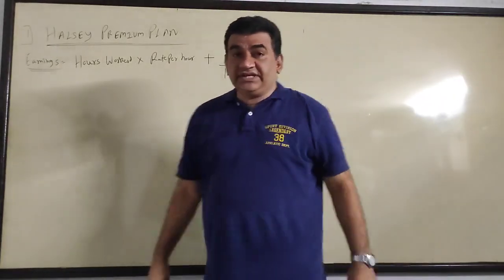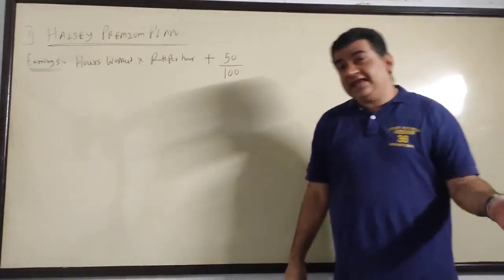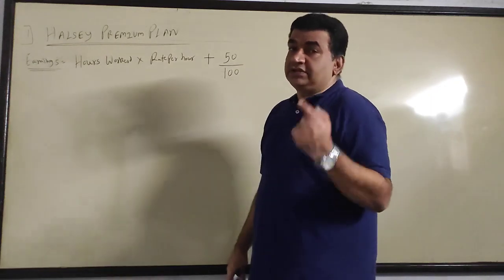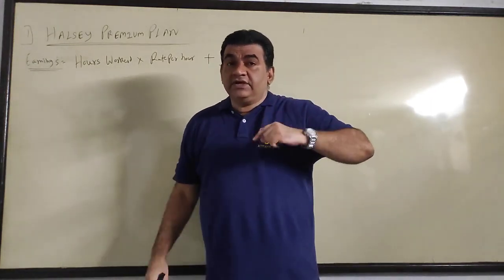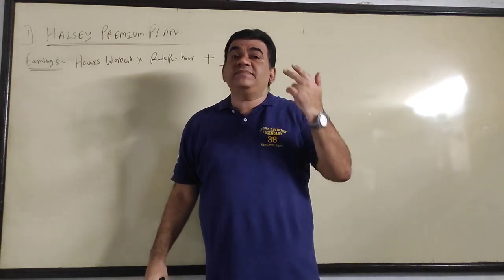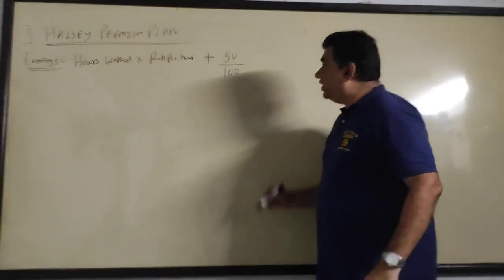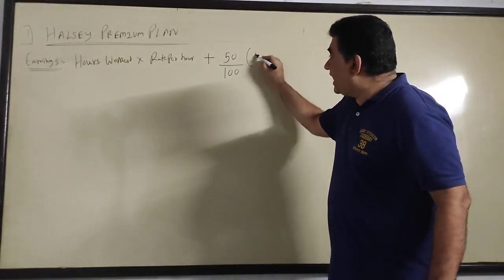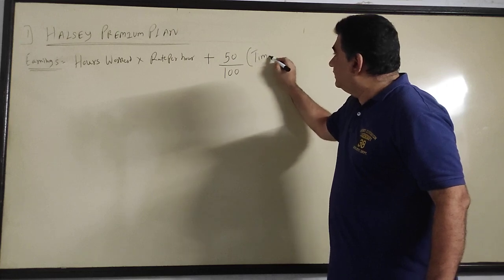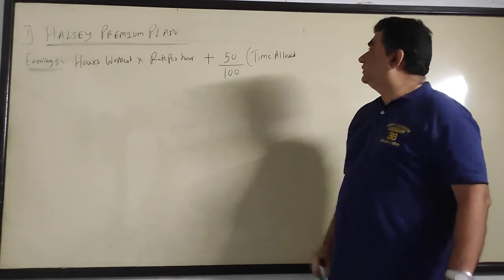Now, if you see in the question, they have given you time allowed and they have given you actual hours. So, what happens? Bonus will be given on the time which will be saved. And what will be the time saved, you know? So what you will do? Plus 50 upon 100, put a bracket. Time allowed.